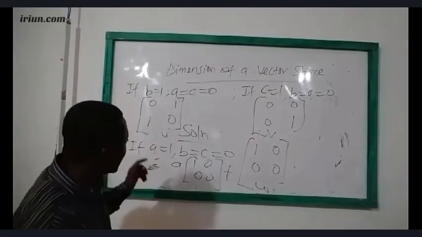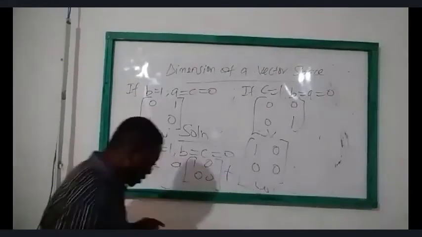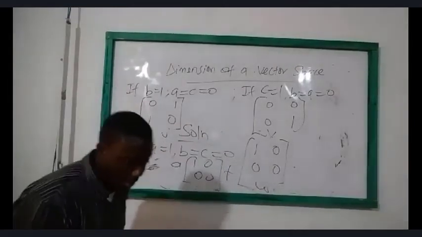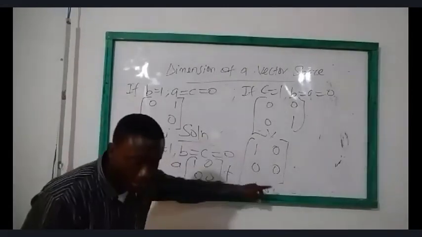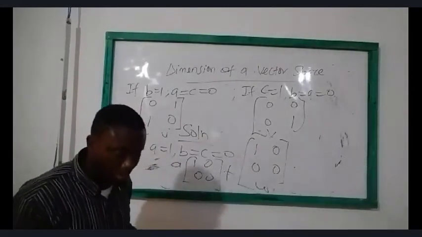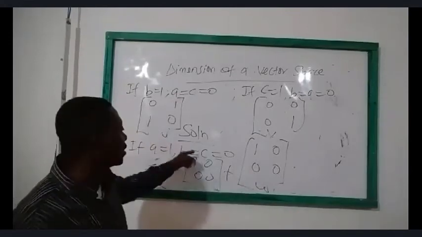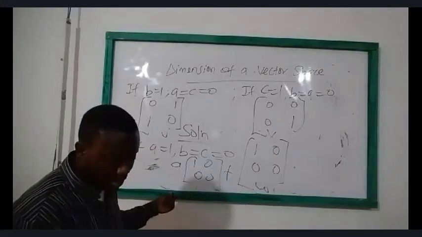And for linear independence, we should be able to generate the zero vector, which is the zero matrix of 2 by 2, and it can be generated. If you assume all of them to be zero, you can still generate that one. So all the conditions are satisfied.